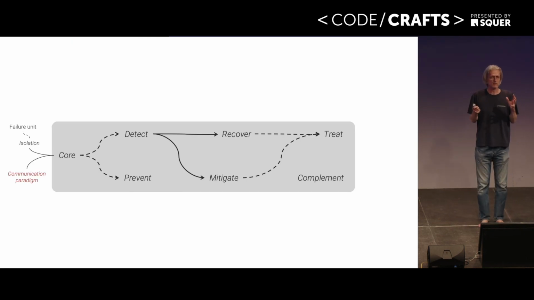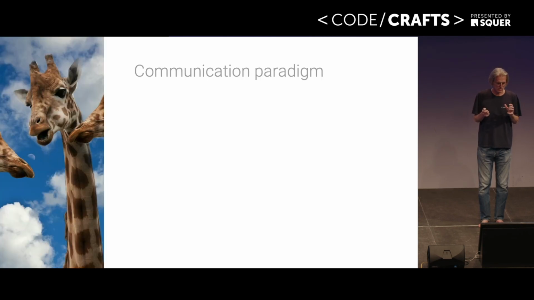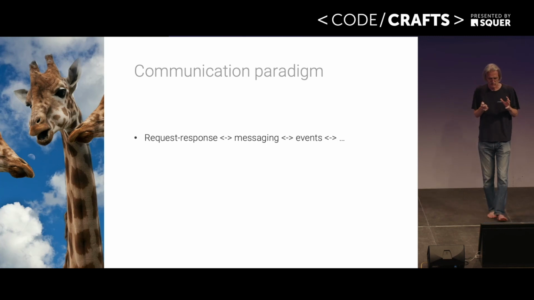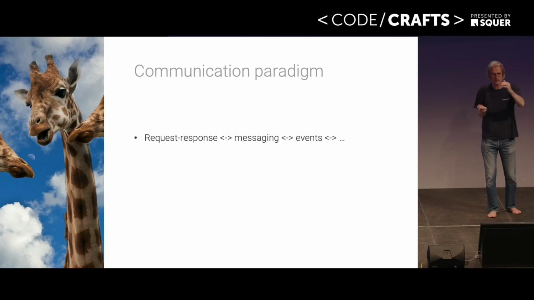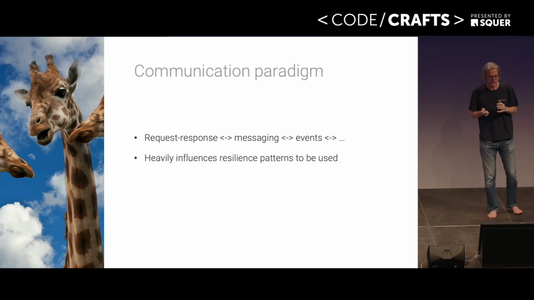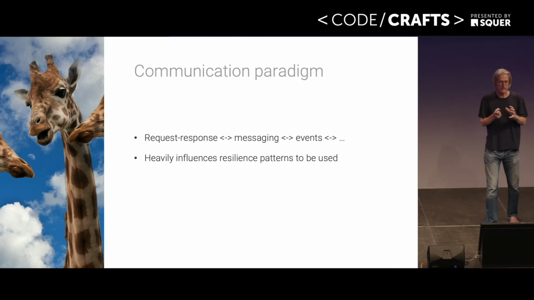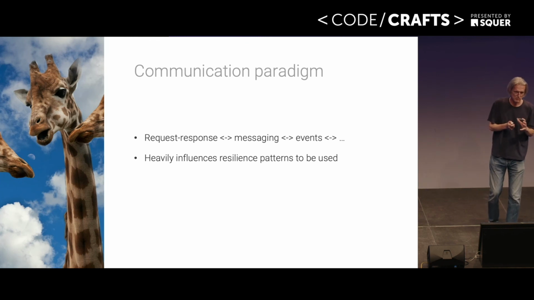And extending the options is, think a bit about the communication paradigm you're using. We have different communication paradigms we can use: request-response, messaging, events, and so on. And they influence a lot which resilience patterns we use.